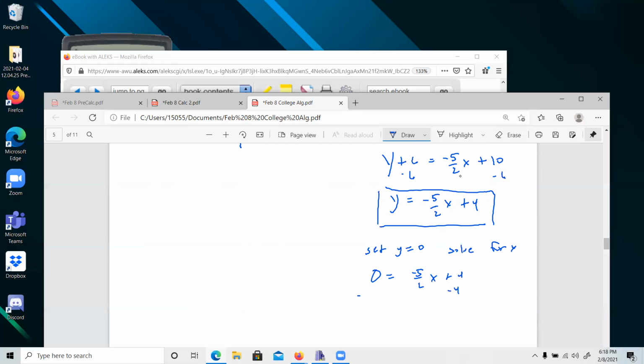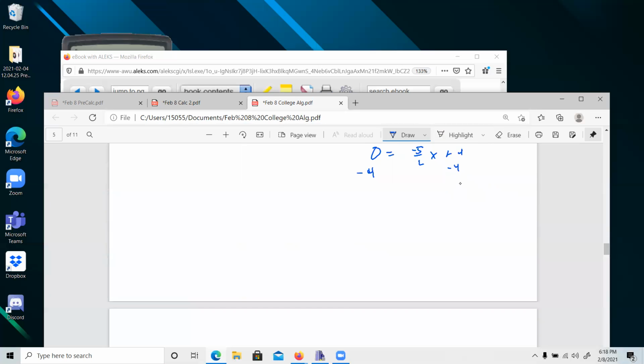Subtract 4 from both sides, and we get -4 equals -5/2 x. Then we multiply both sides by 2/5. Negative times negative is positive, and 5 over 2 times 2 over 5 is 1. So x is equal to 8/5.